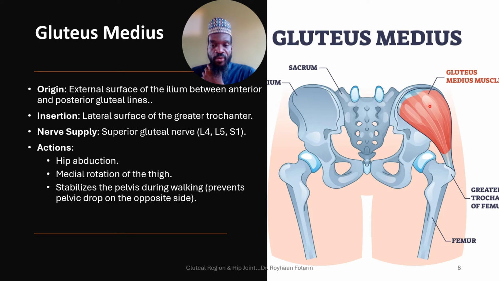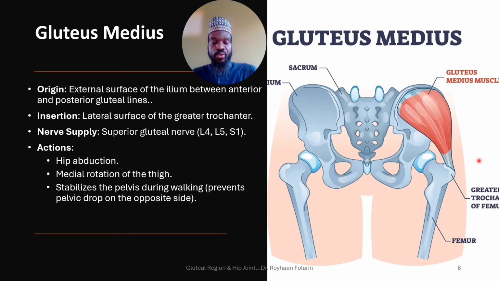By virtue of this point of attachment, whenever this muscle contracts this way, you can expect that it's going to pull this bone laterally, in this direction. And that is abduction, right? So this is a chief function of the gluteus medius muscle. Whenever it contracts, it abducts the thigh.